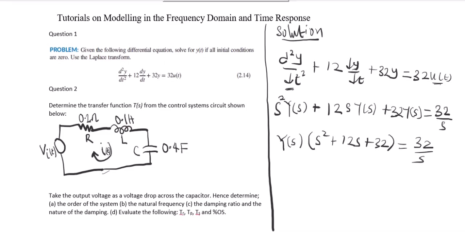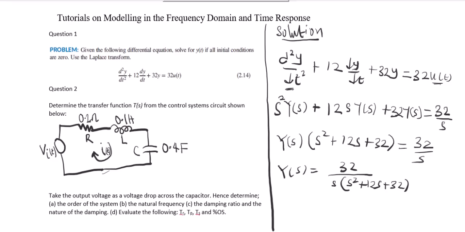So that means the output response Y of s is equal to 32 all over s times s squared plus 12s plus 32.